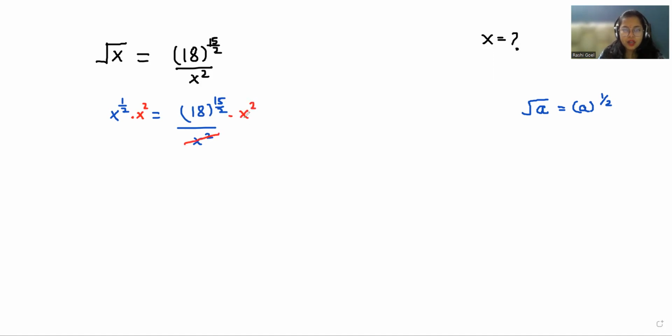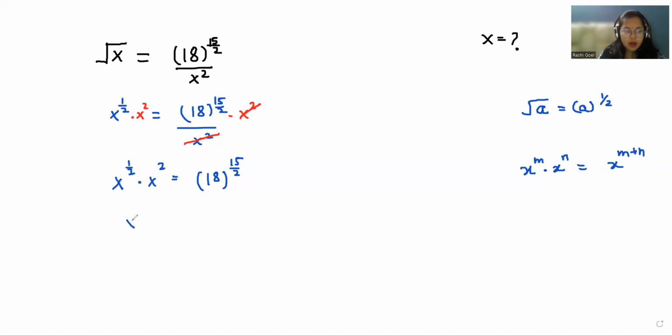So we can cancel out this. So what is left? x power 1 by 2 times x square is equal to 18 power 15 by 2. Now according to the exponent rule, x power m times x power n, we can write it as x power m plus n.